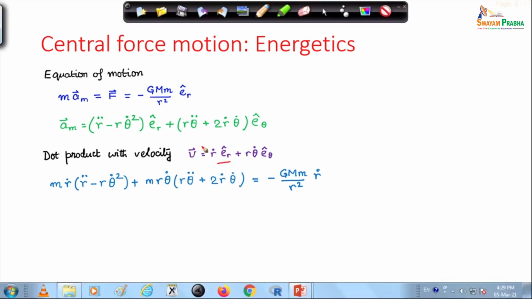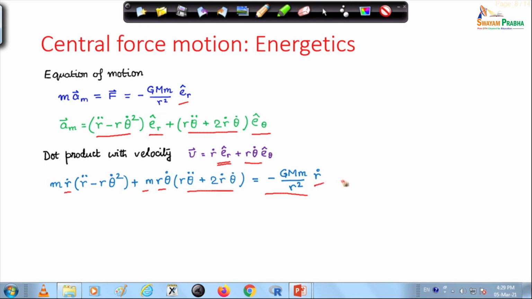In the e r direction we will get r dot times mass times this acceleration term, plus r theta dot, e theta cap dot e theta cap, again that is 1. There we have a contribution of r theta dot times this, times mass. On the right hand side we had only e r cap, and that gets dotted with this term, because e r cap dot e theta cap is 0.